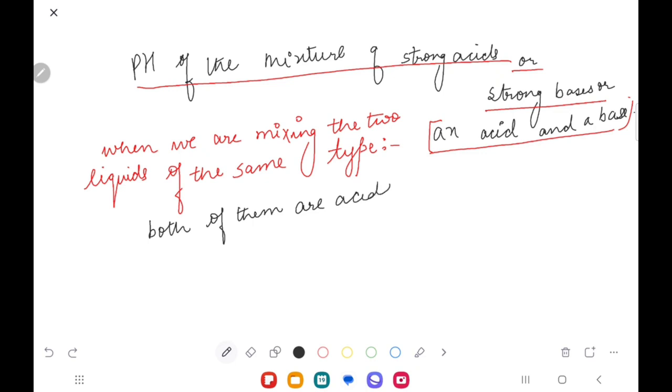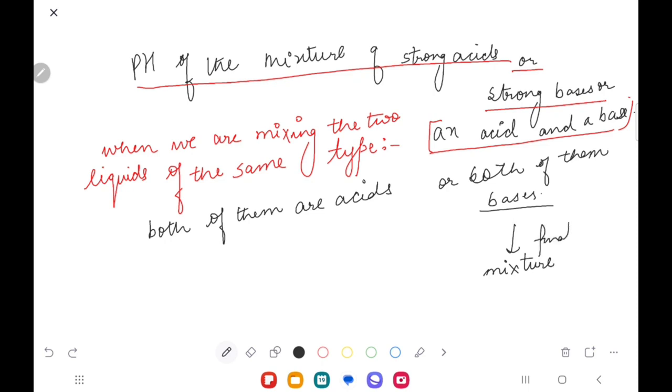So either both of them are acids or both of them are bases. Now, when both of them are bases, what exactly does that mean? Tell me. When both of them are bases, the final mixture shall also be a base. Right.